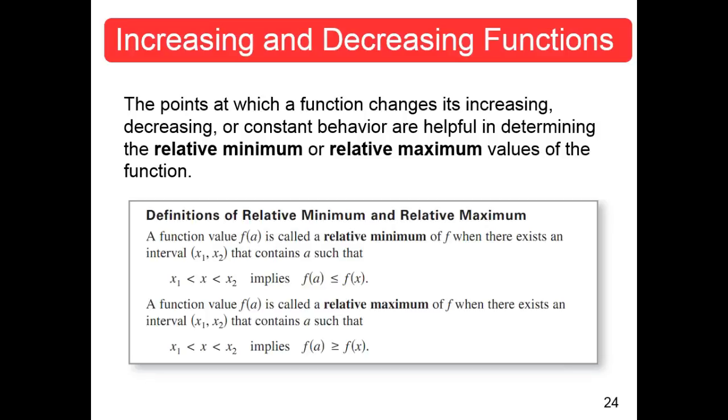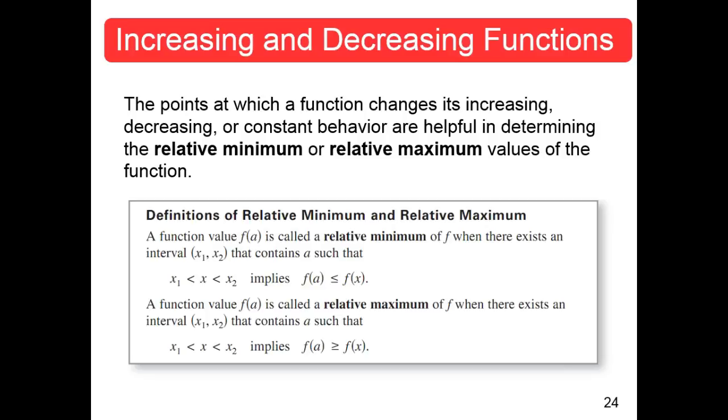A is somewhere in between x1 and x2, x1 less than x, and x less than x2. On that interval, for every x in that interval, x1 less than x less than x2, that implies that f of a, if that's the minimum, is going to be less than or equal to all the other f of x.